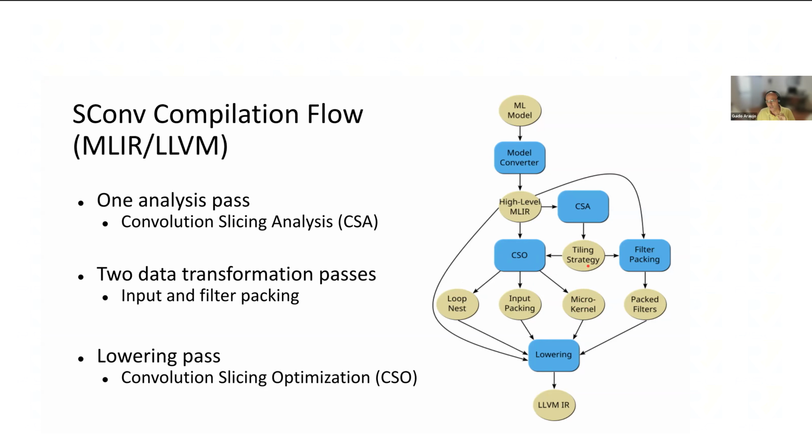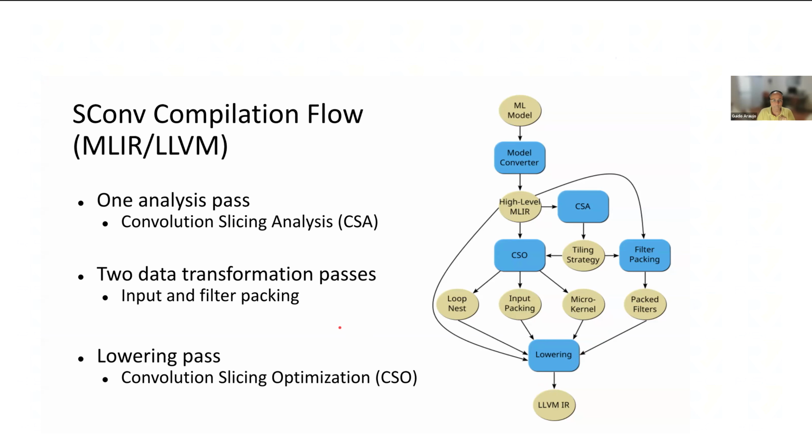The tiling strategy is also used to do filter packing, and you do the filter packing at compile time, which saves a considerable amount of time during your execution later. Okay, so you get the loop nest generated by the convolution slice optimization, the input packing, the microkernel, the packed filters, and you then do the lowering through the LLVM toolchain.